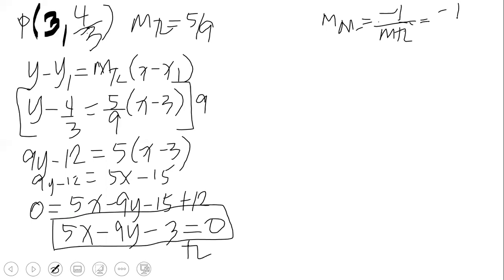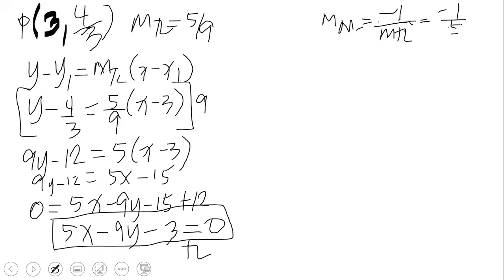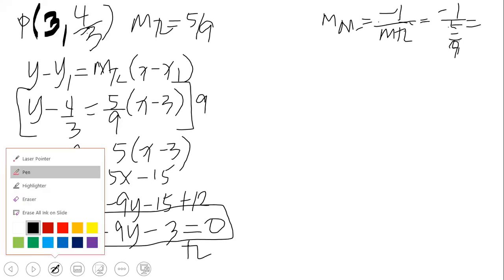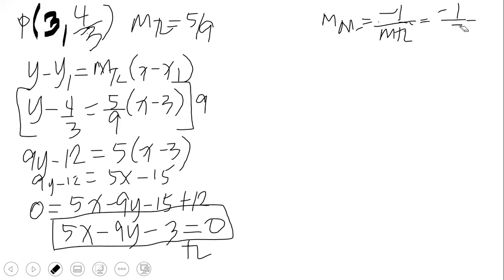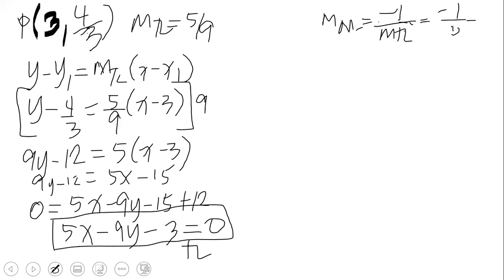So, which is negative 1 over 5 over 9, which is equivalent to negative 9 over 5.